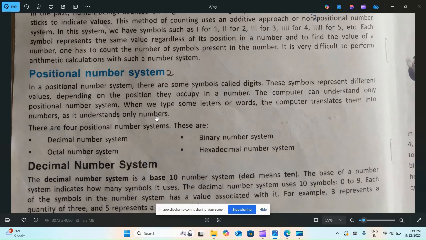Because for every character, every symbol, there is a number assigned to it, and that standard is accepted worldwide. That number is internally converted into the binary number system, which the computer understands. So this is how it works.